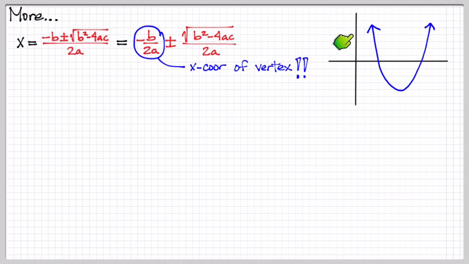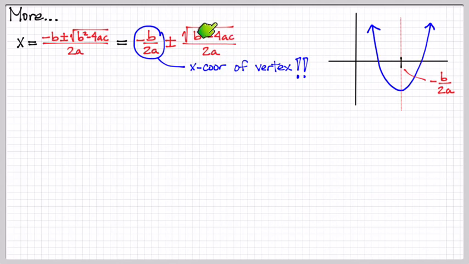Here's our parabola, the parabola of any quadratic equation. We know previously that the x-coordinate, the line of symmetry, is where x is equal to minus b over 2a. That's the x-coordinate of our vertex, and that's this part of our quadratic.